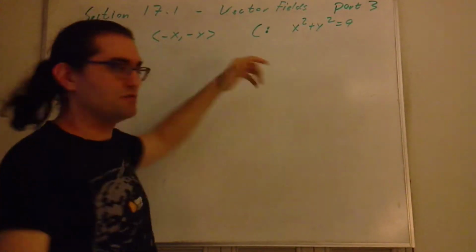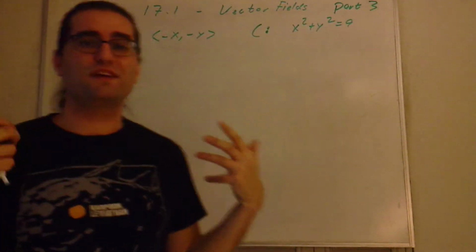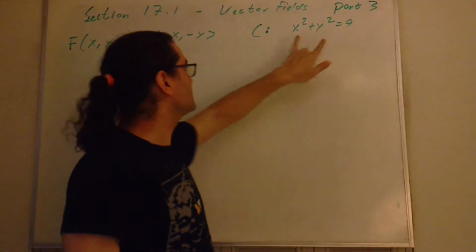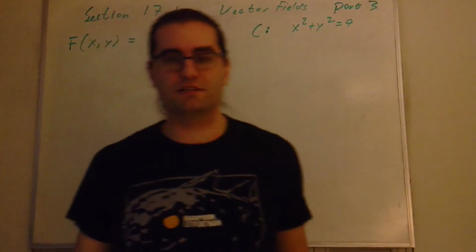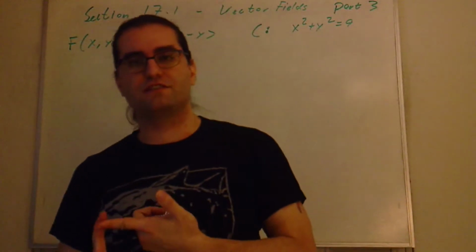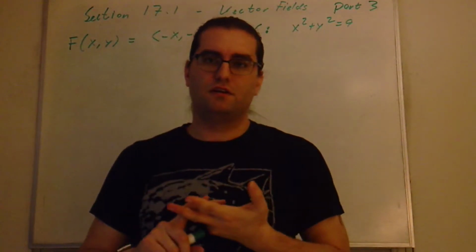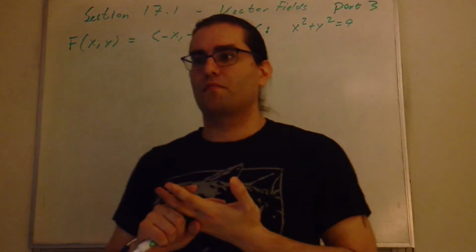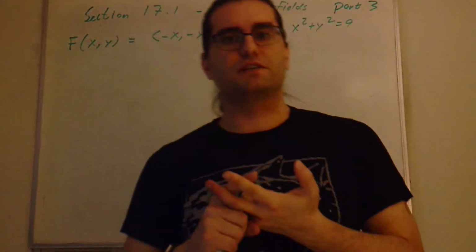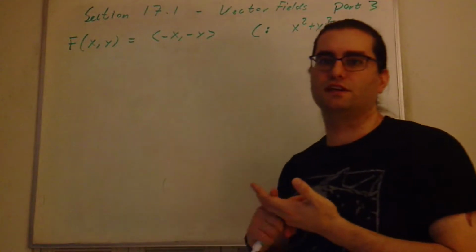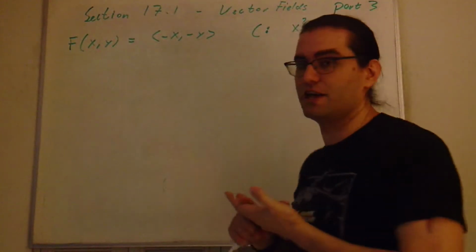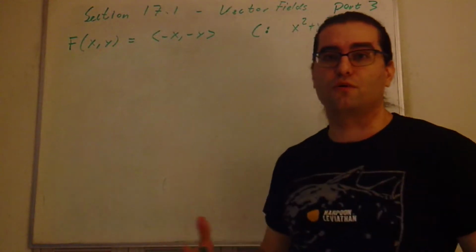This is the implosion vector field, everything's coming in. Based on what this looks like, we can probably already start making some educated guesses about where it's tangent and where it's perpendicular. But I'm not going to make educated guesses because I want to use this as an example to show you how to do all of the work for this in cases when we don't have educated guesses to make. So we're going to do this one the hard way.